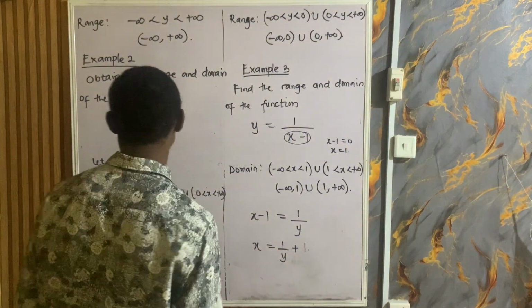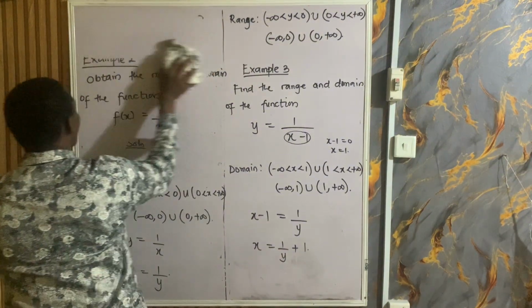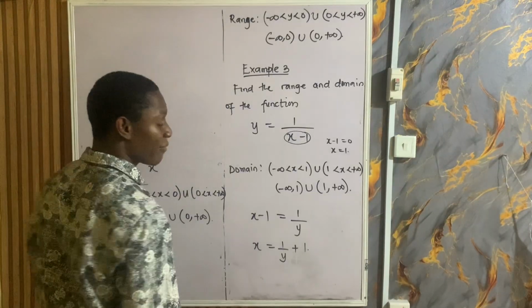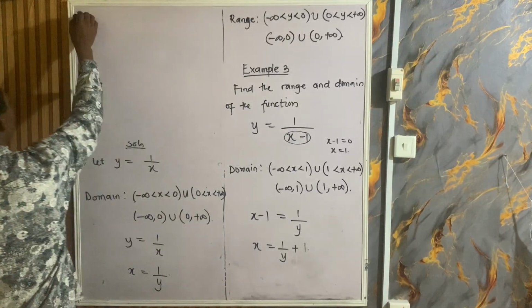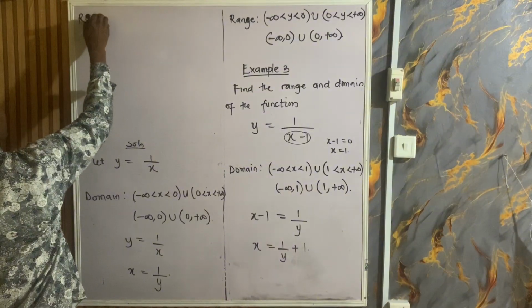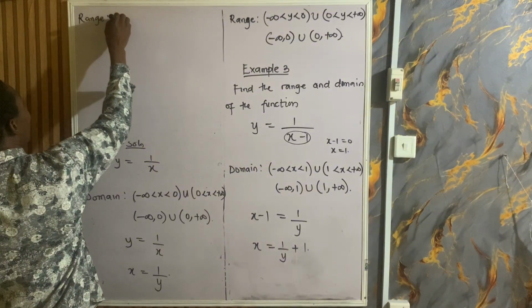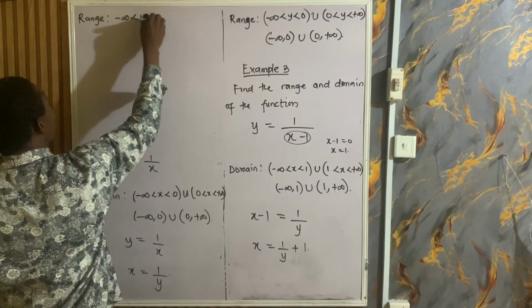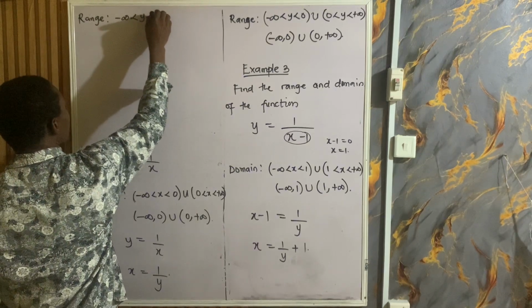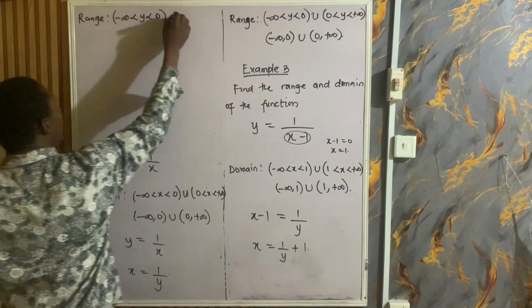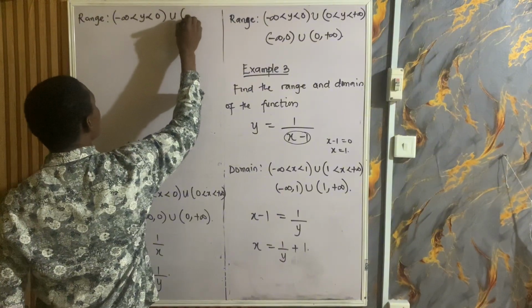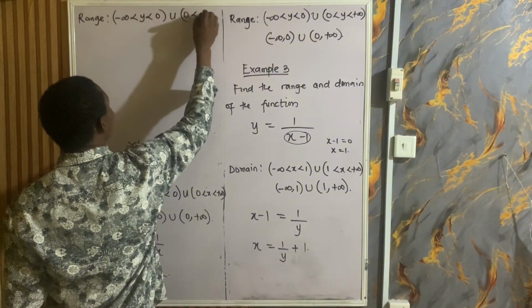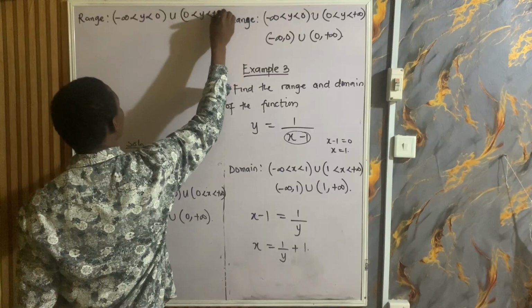In that case, we can now say our range can be any number actually, but must not be 0. In that case, you see that we have minus infinity less than y less than 0, then union 0 less than y less than positive infinity.